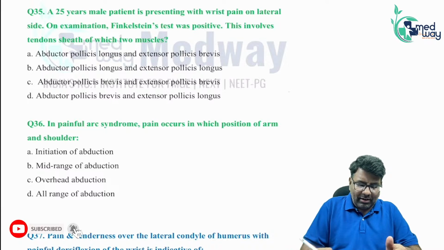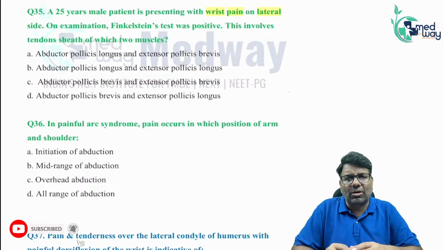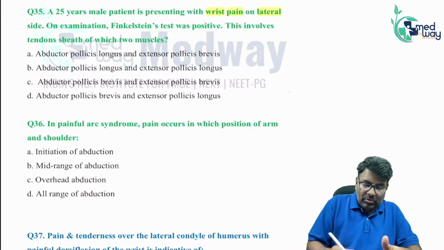Next question says that the patient is having wrist pain. There is wrist pain on the lateral side, that is around the thumb. So Finkelstein test was positive.